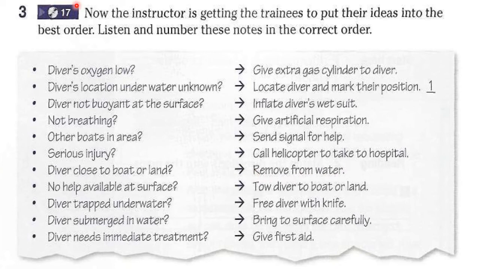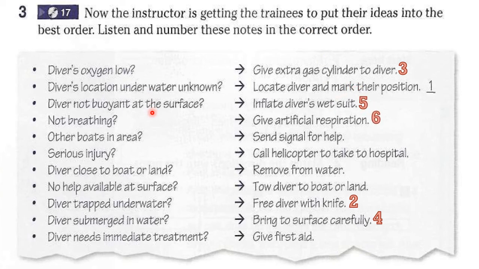Awesome. Now, I hope you got the points in the correct order. So number 1 is already done. Locate diver and mark their position. Number 2, free him with a knife. And number 3, give extra gas cylinder. 4, bring to surface. 5, inflate his suit.